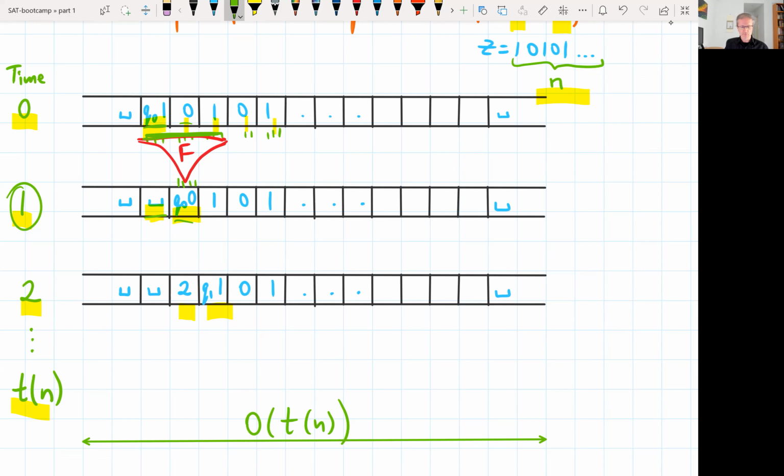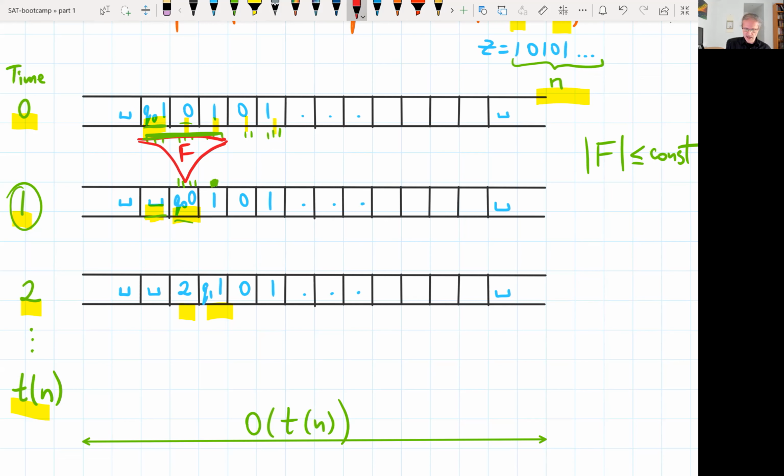So the circuit for computing this transformation F, even though exponential, is still at most constant in size. Okay, so the size of F is constant. That's great.